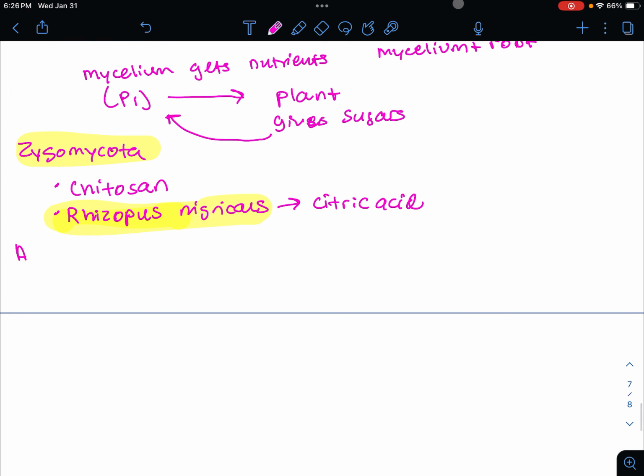Okay, Ascomycota. This is the largest division. We're going to have yeasts or segmented filaments. We're going to have chitin and glucans, such as mannan, that's another part of their cell wall in yeast.